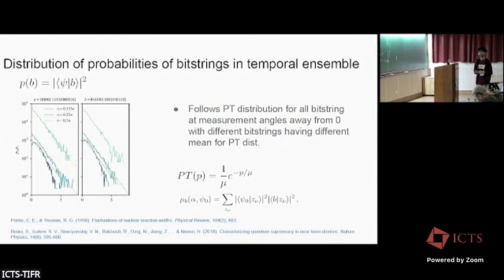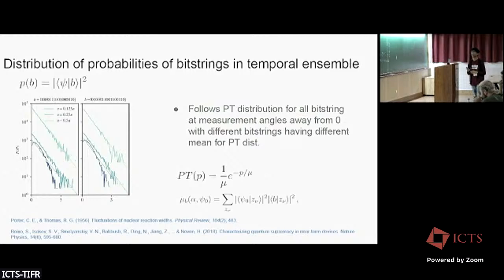And for 0.125, which is closer to z basis measurement, there is a deviation even at small p values. This part actually affects the distribution most. So for measurement angles closer to the x-axis, the agreement with the PT distribution is very good. As you go away from x-axis measurement and closer to z-axis measurement, the agreement becomes worse.